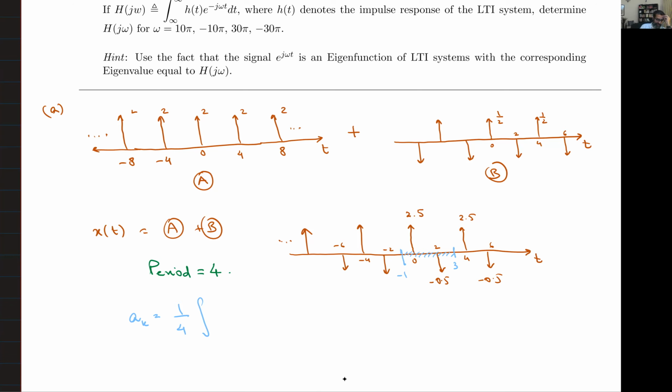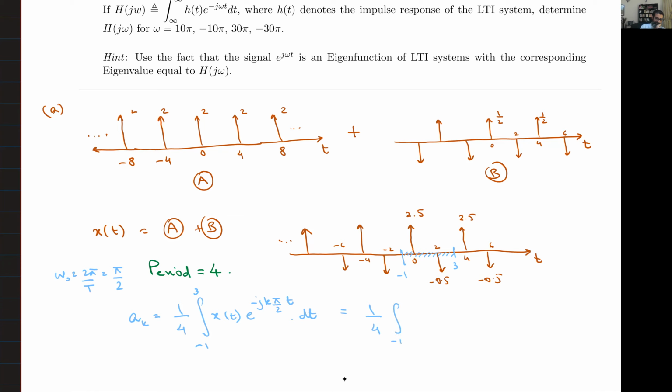So this is from -1 to 3, and this is x of t e raised to power minus j k omega naught t. What is omega naught? Omega naught is 2 pi by T, which is pi by 4, pi by 2. So this is e raised to power minus j k pi by 2 t dt. What does this give me?